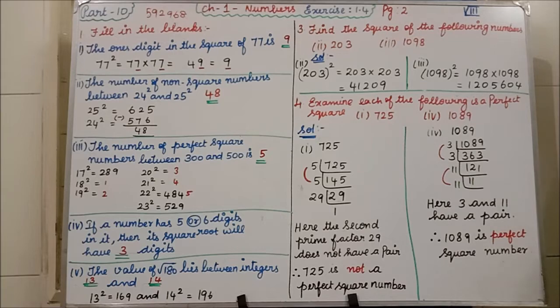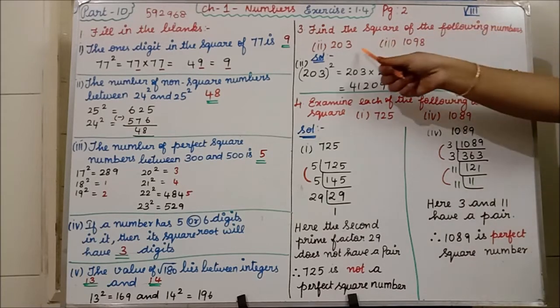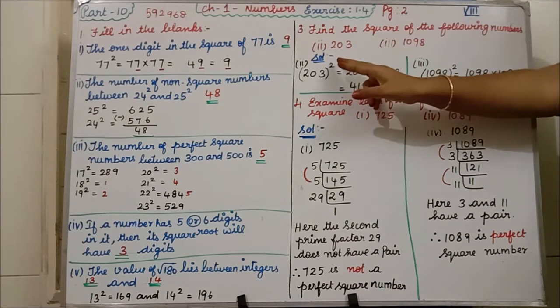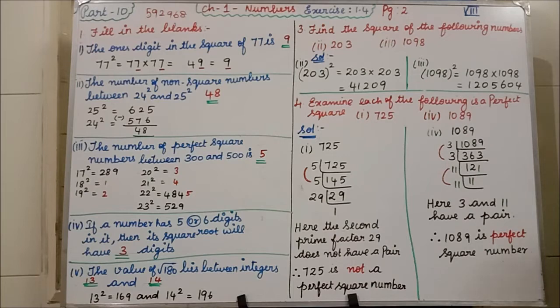Now see, the second subdivision is 203. Square of the following numbers means you have to just square. How do you do normal multiplication? The normal multiplication only we have to do here also. 203 whole square is equal to 203 into 203. Normally how will you multiply 203 into 203? The same way, you multiply and find the answer.